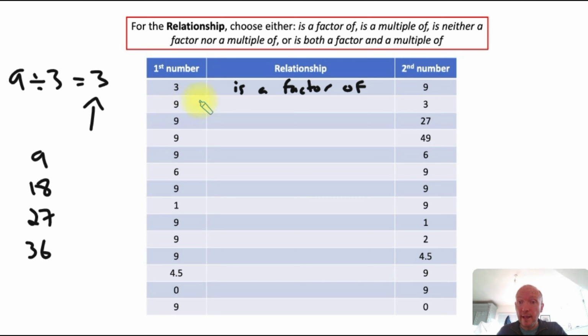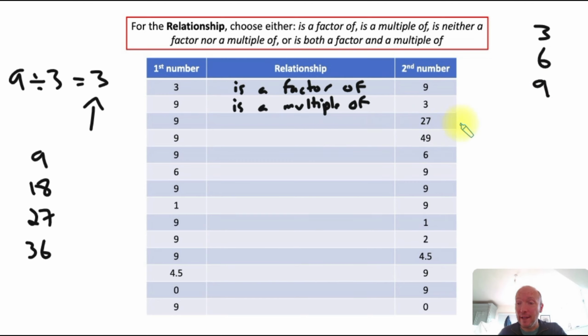Now the next question, 9 something 3. Well, 9 is a multiple of 3. Why? Because if we were to write down the 3 times table, 1 times 3 is 3, 2 times 3 is 6, 3 times 3 is 9. 9 is an answer to the 3 times table.